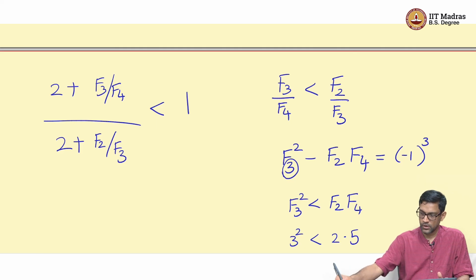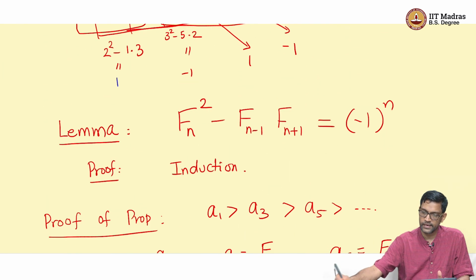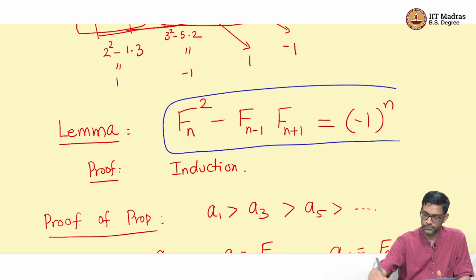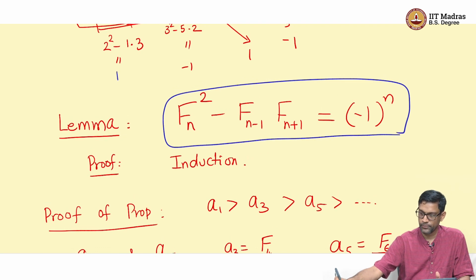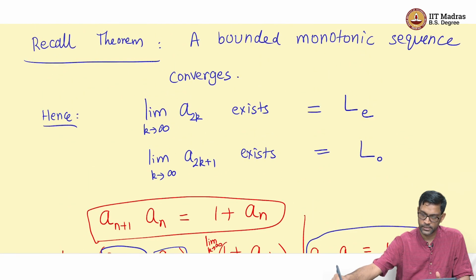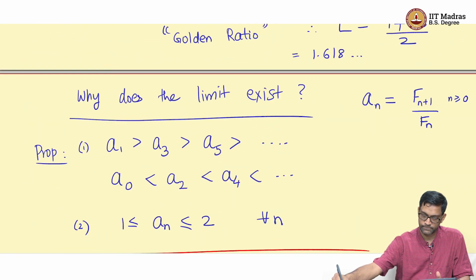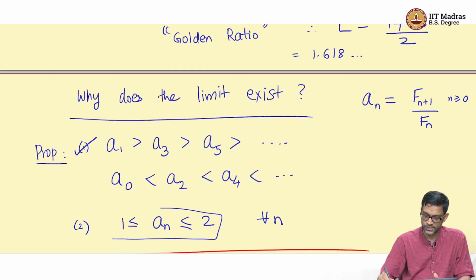A lot of this behavior really comes from this basic observation. Okay, good. I hope you can complete this argument to show that the proposition holds. So let's go back to the statement of the proposition. I'm going to leave this for you to complete, and let's quickly see why the next part is true.